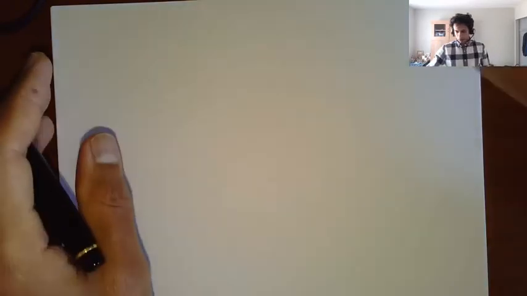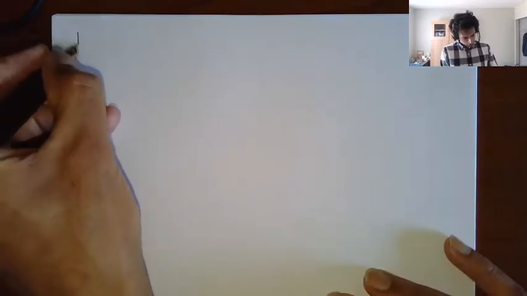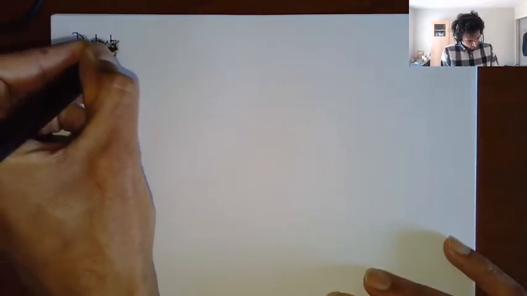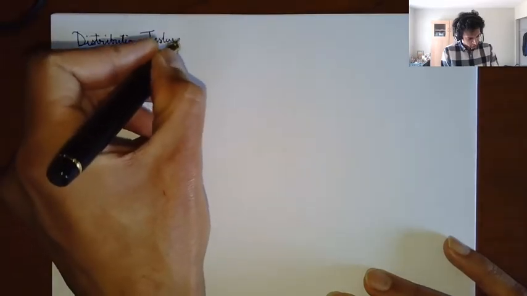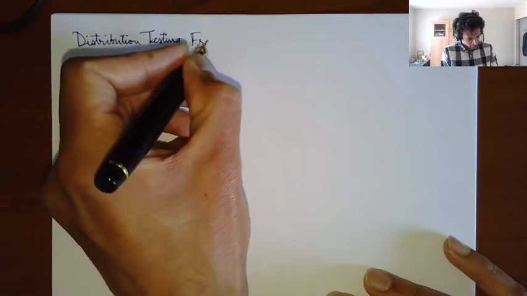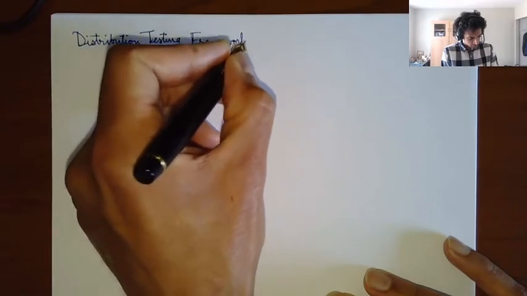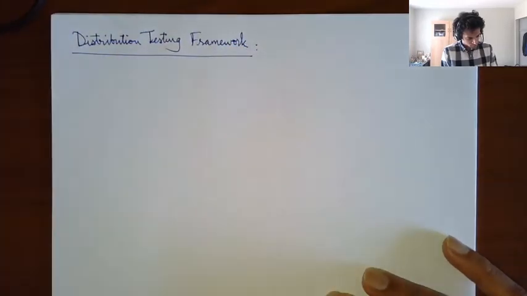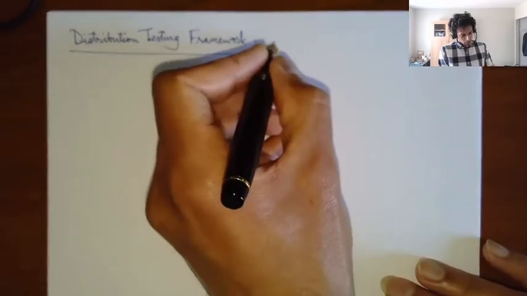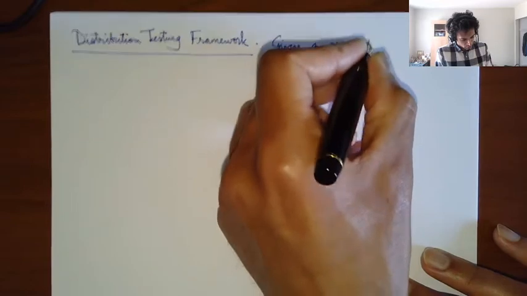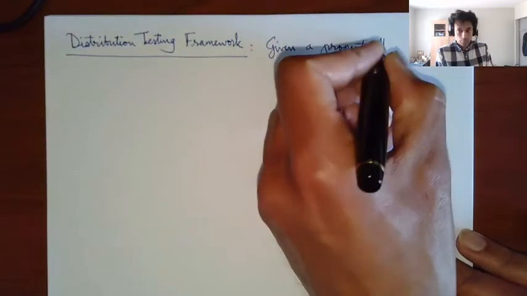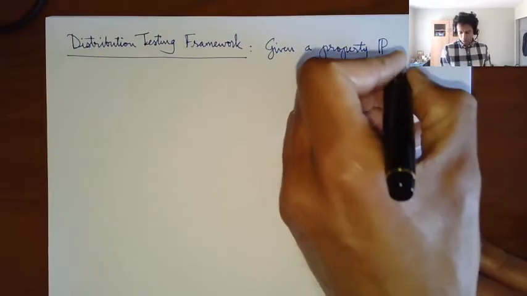So now the sort of meta question in distribution testing, the distribution testing framework, I'd say, is, given a property, so I'll use bold P to denote a property of distributions.